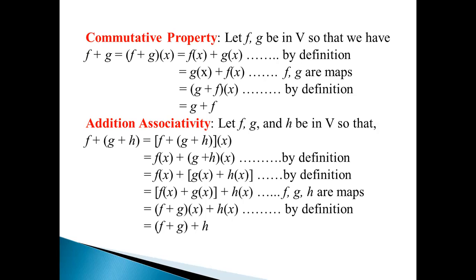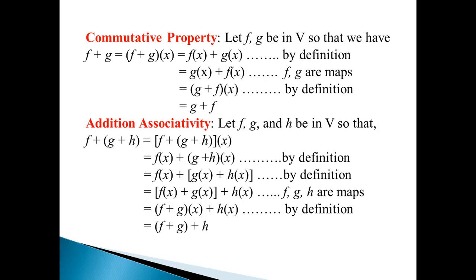We know addition of real numbers is commutative, so f of x plus g of x is the same as g of x plus f of x. Going back to the definition of addition, that is g plus f of x, giving us g plus f. So we have shown that f plus g is indeed equal to g plus f.